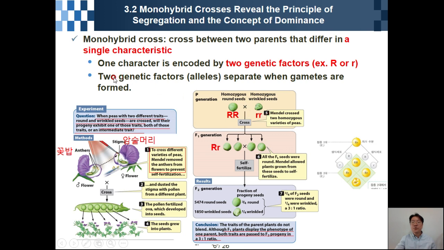And also two genetic factors, large R, small r, separate when gametes are formed. So when 생식세포가 만들어질 때 large RR은 large R, small r로 separate 되고 생식세포가 만들어질 때 large R, small r은 large R, small r로 separate 된다.